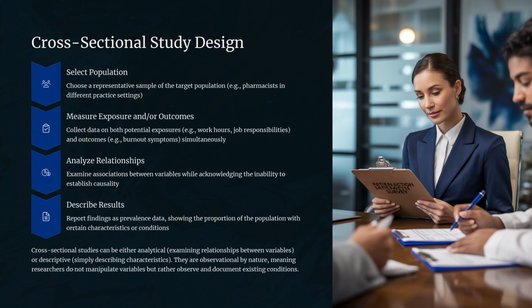And you give it all of these, you assess on a single questionnaire or survey. And then you take all that data and you analyze the associations, okay? You can't establish causality, just associations, but you can still find some associations. And then you describe the results with prevalence data or associative correlation statistics, which we'll go over.